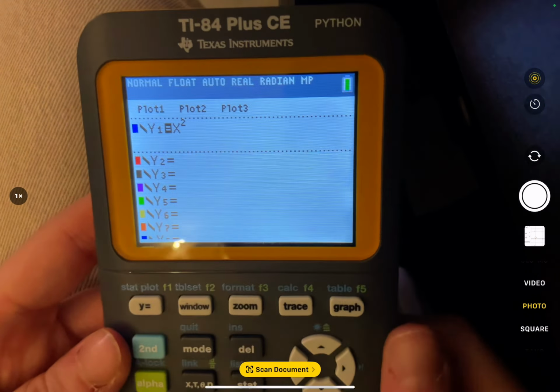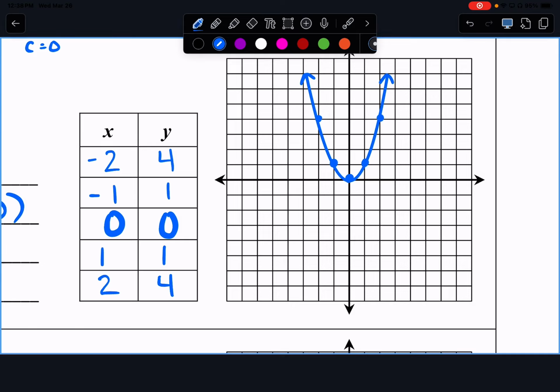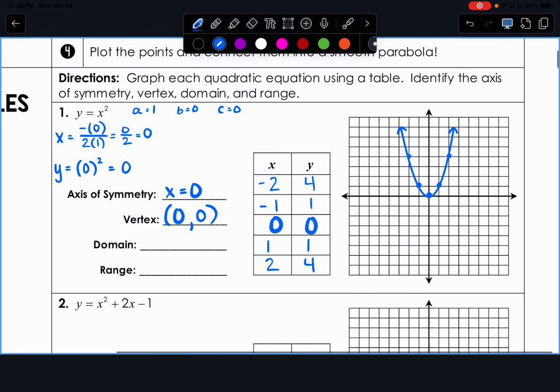And then we sketch in our graph. And that is how we do that. That is how we get a little bit more of an exact graph. Okay? And so that is what we need to do to graph it.